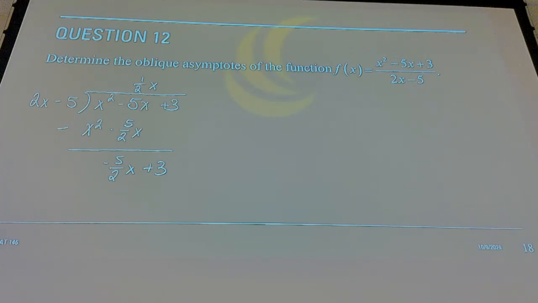Does that term have a smaller degree than the divisor? No, same degree. So we have to do it again. What is the next term of the quotient? So what are you multiplying 2 by to get negative 5 halves?